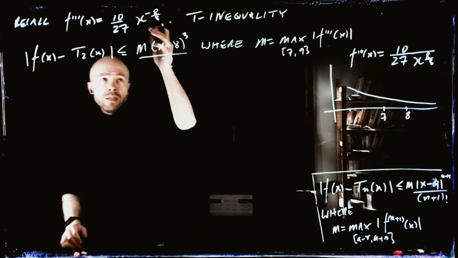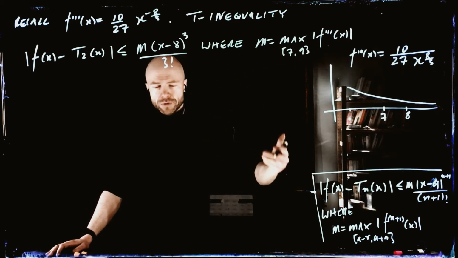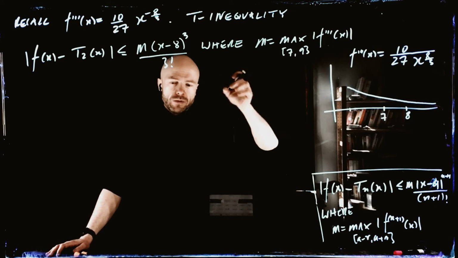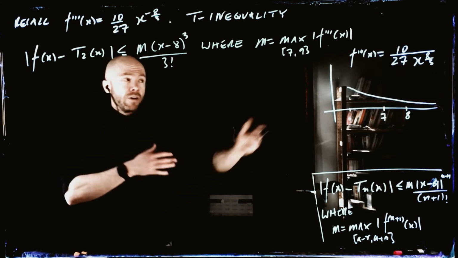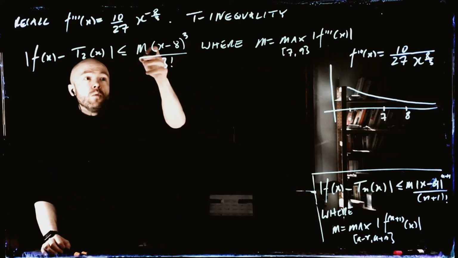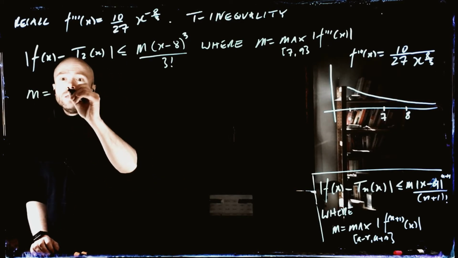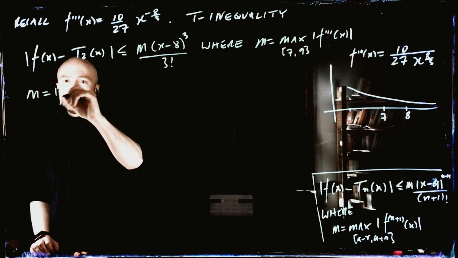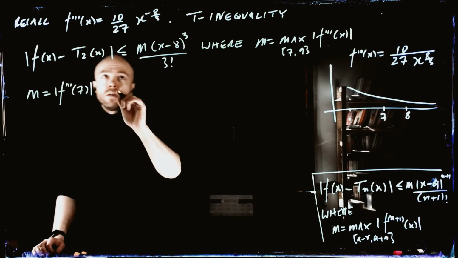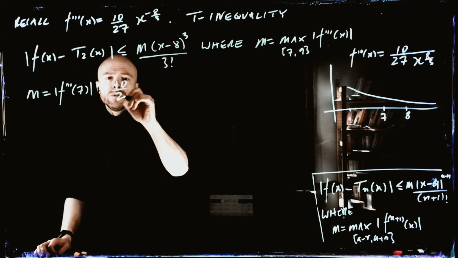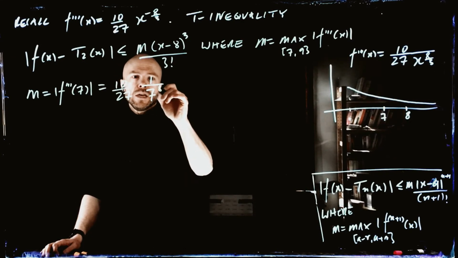It's a fairly easy structure, this thing. And anytime you need to apply Taylor's inequality, you will not have a difficult function to find the maximum over. It'll be something like this, an increasing or decreasing function where it's really easy to see where this M is found. So M, in this case, is the absolute value of the third derivative at the value 7. So that is equal to 10 over 27 times 1 over 7 to the 8 over 3.